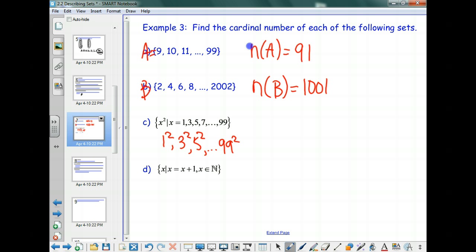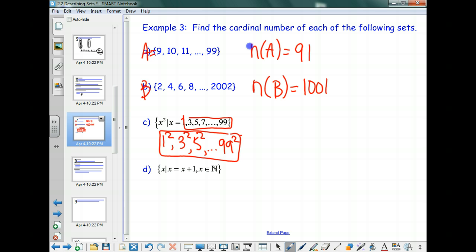Okay? But there's the same number of items here as there are in 1 through 99, weren't there? They're different items, but they're the same number of items. So how many items are there from 1 to 99 with this description? There are 50.